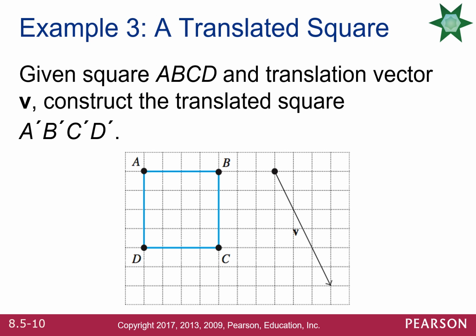So the new position of A, let's count again: 3 units, and then 1, 2, 3, 4, 5, 6 units is here. So this is going to be the new location of A, and then the positions of B, C, and D are going to be changed in the same manner, correspondingly.